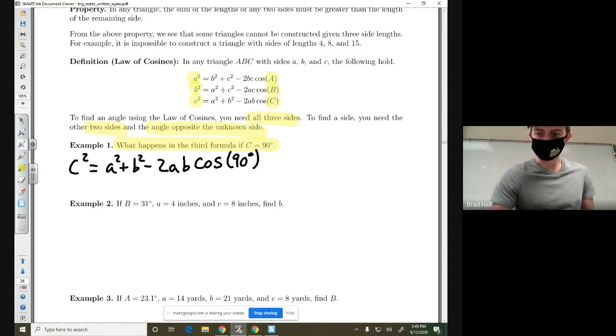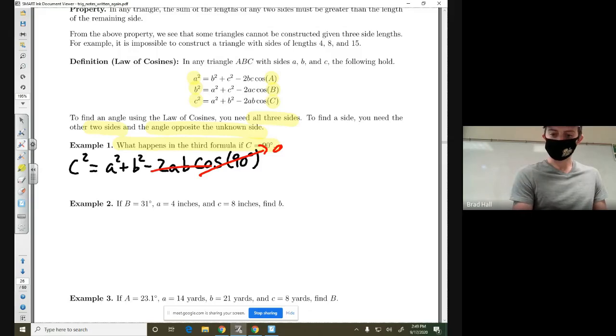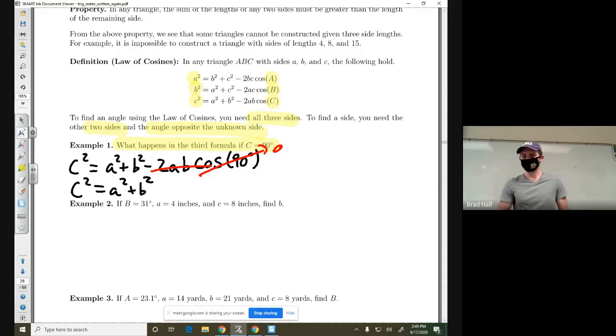So if this is 0, well, that zeroes out all of this stuff. So what are you left with? Oh, that's interesting. What does that look like? That's the Pythagorean theorem. It's because if it's 90, that means that it's a right triangle. That's right. So the law of cosines is a natural generalization of the Pythagorean theorem.